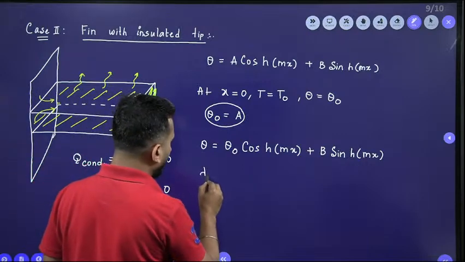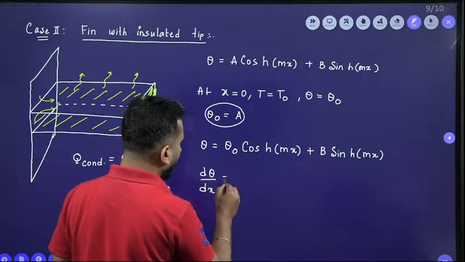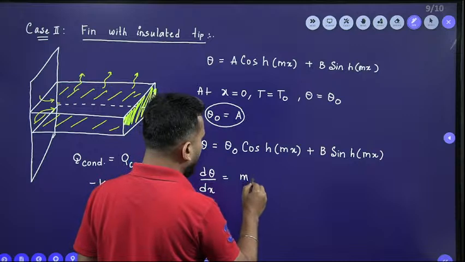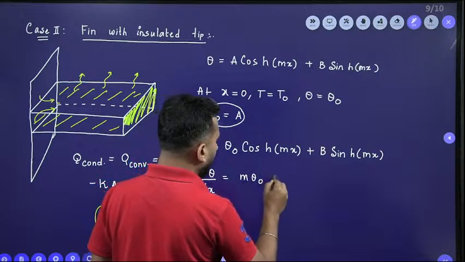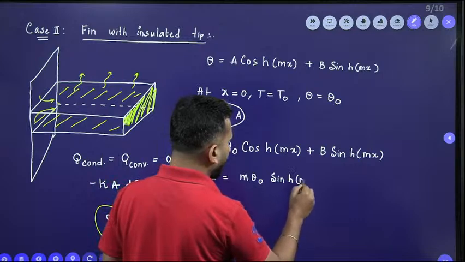So d theta by dx, now find out. So it will be m theta naught, now sin hyperbolic mx.